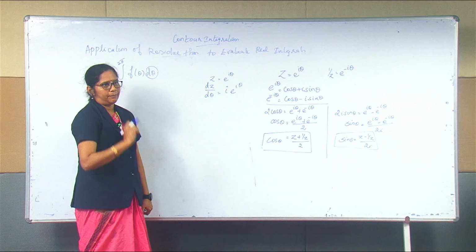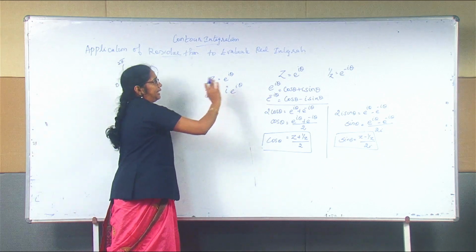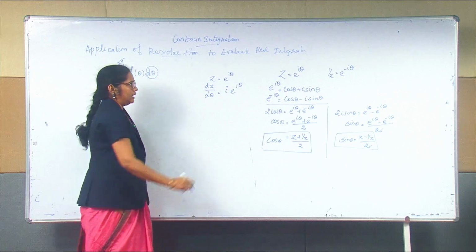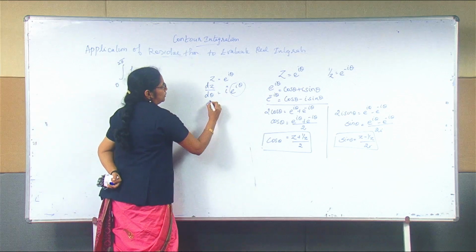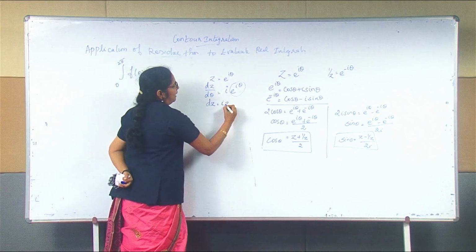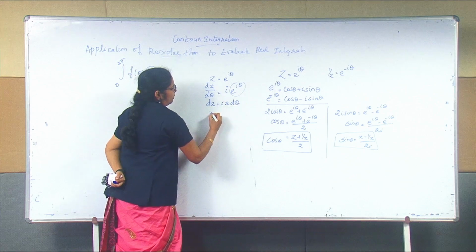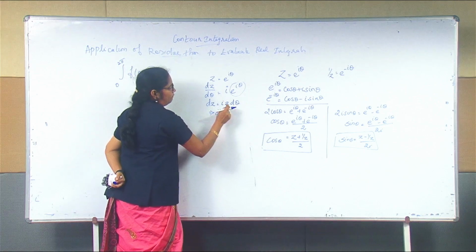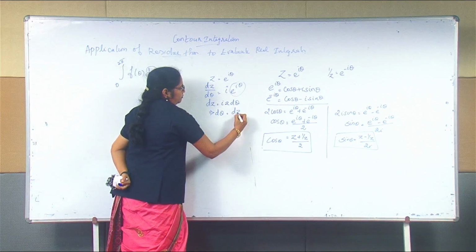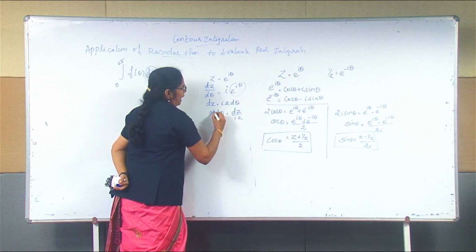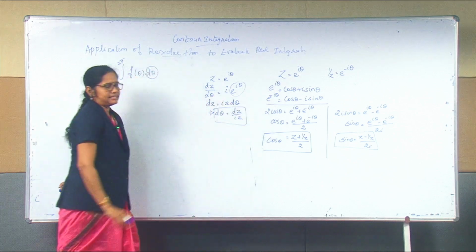It is 2 into e power 2x. Likewise, i into e power i theta. e power i theta is nothing but z. So dz equals i z d theta. From this, we bring i z to the opposite side, so d theta is dz by iz. We have to recollect these three things.